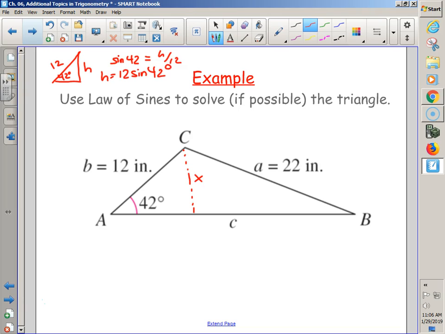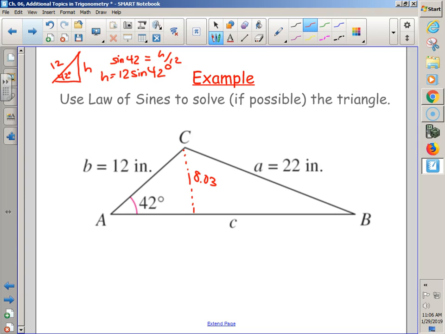What's the height or the altitude of this triangle? 12 times sine of 42. Okay, if this side was shorter than 8.03, I'd be in trouble. It'd be swinging, and it wouldn't be able to connect. So right away, I know it's not impossible.